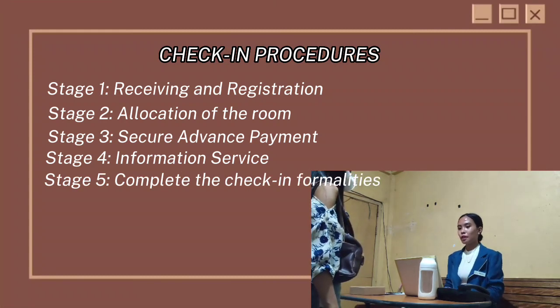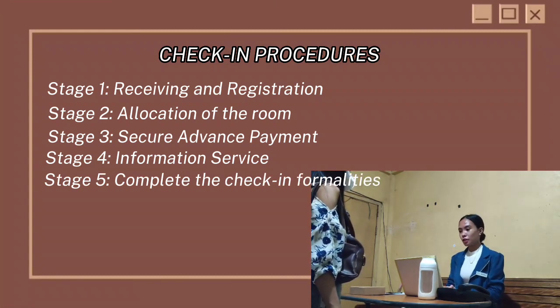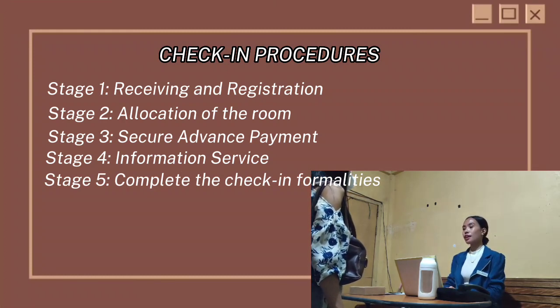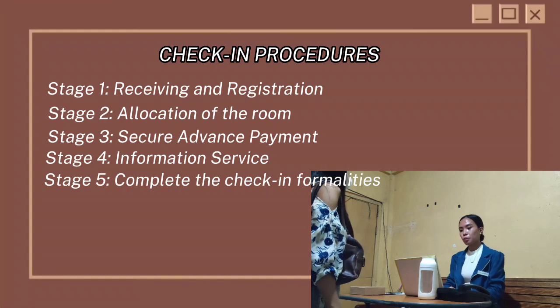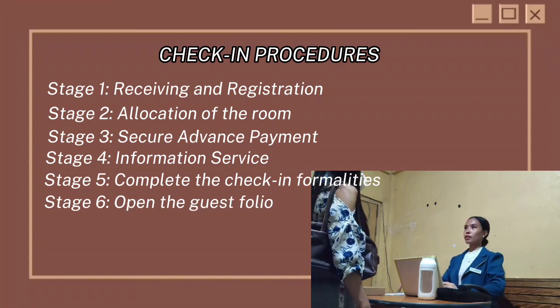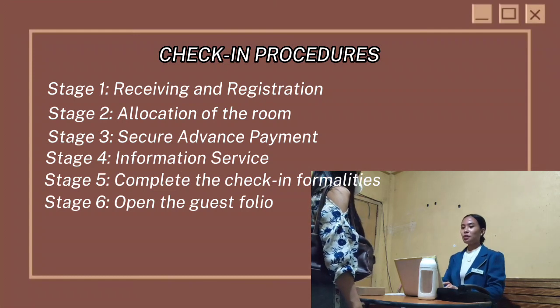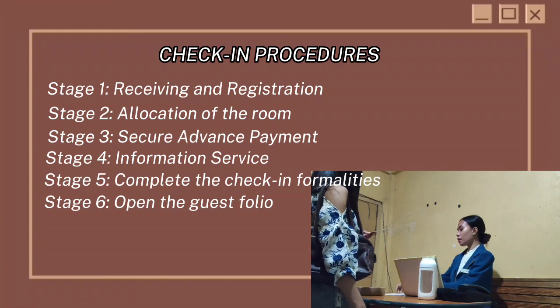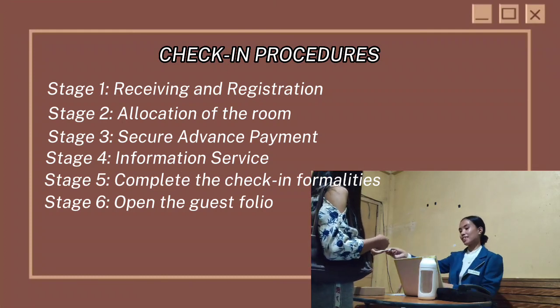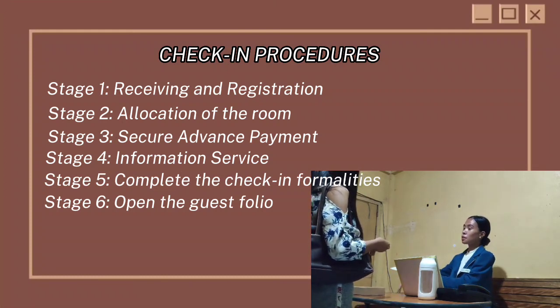Complete the check-in formalities. After the check-in formalities are completed, inform the other departments and sections about the guest arrival by arrival notification slip. Stage 6. Open the guest folio. Open guest bill, folio, folder, and clear any old bill copies. The receptionist will record the key confirmation for billing purposes.